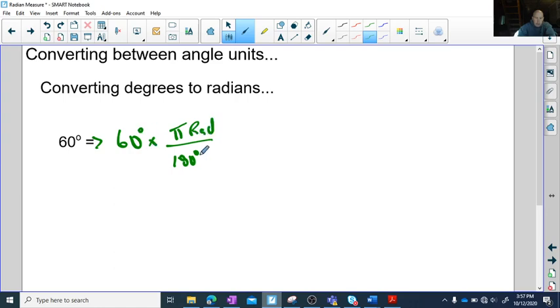So my degrees are gone, and I'm now left with just 60 pi over 180. Now this is where it's really nice to have that fraction button on your calculator, because we're going to get a lot of fractions doing this, and for the most part, we're going to leave them in fraction form. So we're just going to reduce 60 over 180 and say that that is pi over 3 radians.